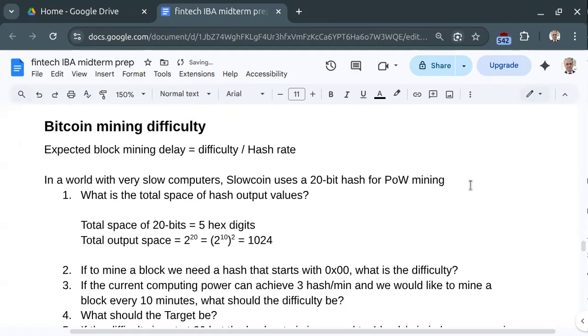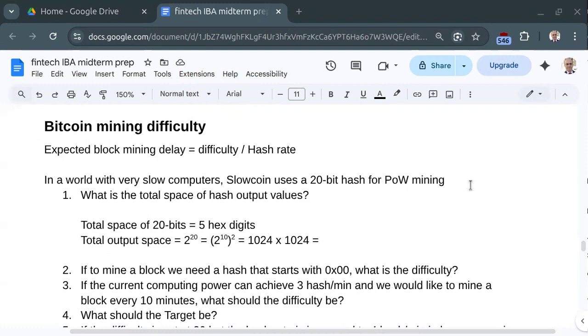Remember, 2 to the 10 is approximately 1,000, right? It's actually 1024 times 1024. So it's approximately a million. To make it more specific, it's 1024 squared.